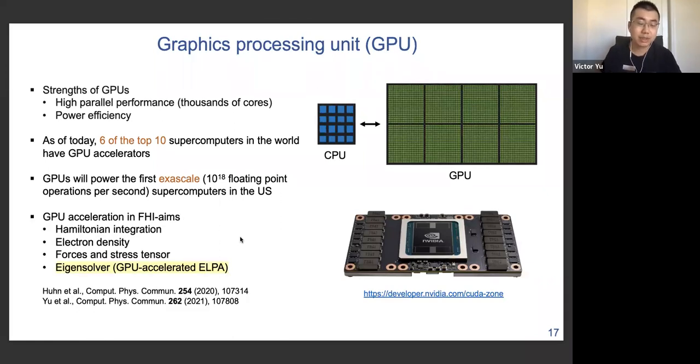For GPU acceleration in FHI-aims, which Vila also covered already in his talk, we can do Hamiltonian integration, electron density, forces, and stress tensor on NVIDIA GPUs. And I will be discussing the GPU accelerated ELPA eigensolver.